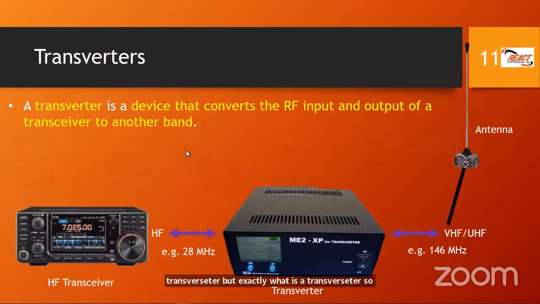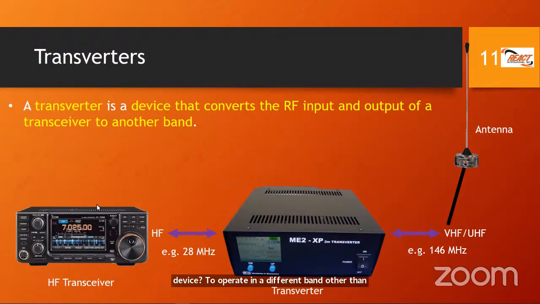All right, so a transverter. Remember, a transceiver we use to connect our antenna usually, and it's maybe an HF transceiver, and we'll be talking on HF frequencies. But what if we want to use that same rig or that same device to operate on a different band other than HF?